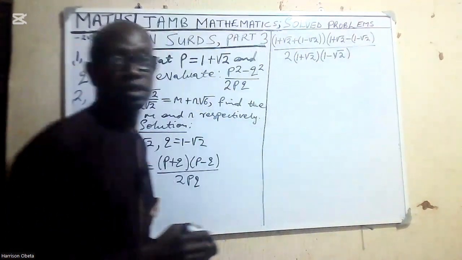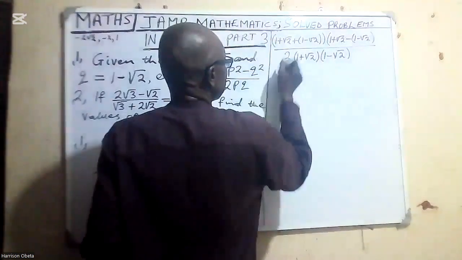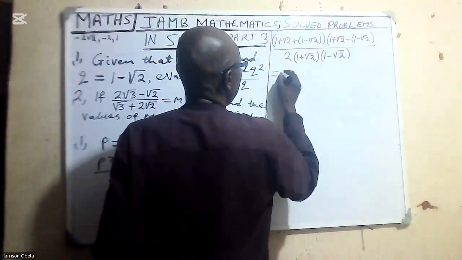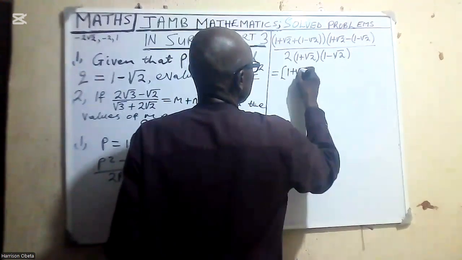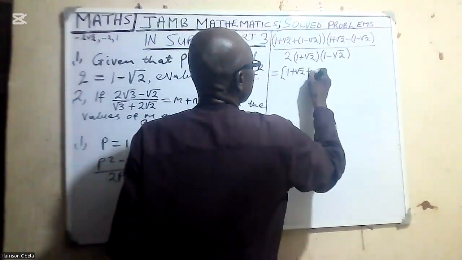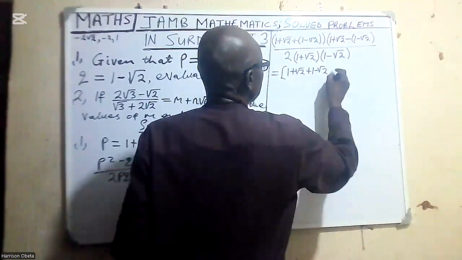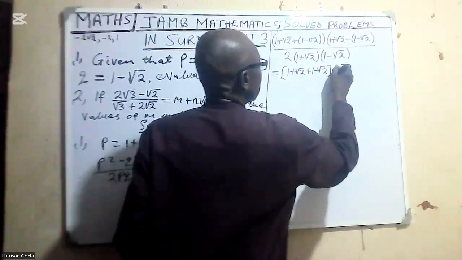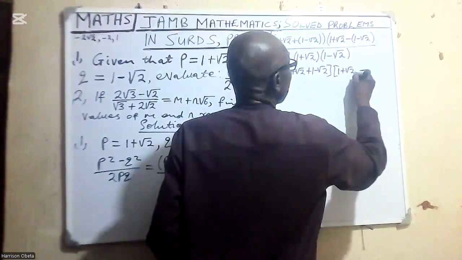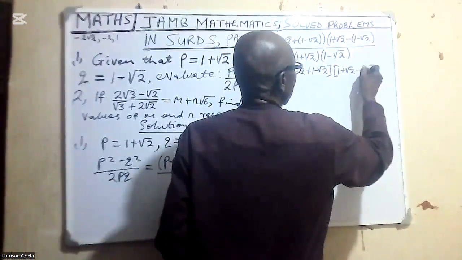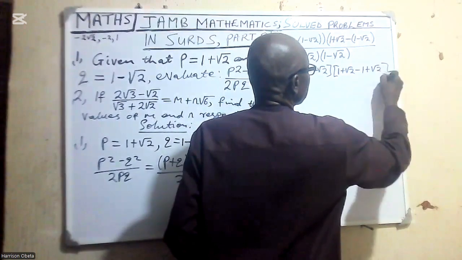Okay? So we try to simplify, and then that will give us 1 plus root 2 plus, you open the bracket, 1 minus root 2. And then that will be into 1 plus root 2 minus 1 plus root 2.